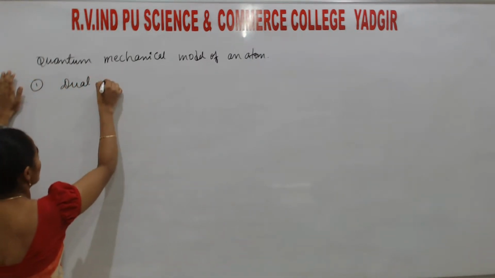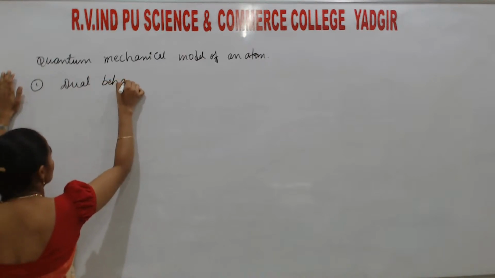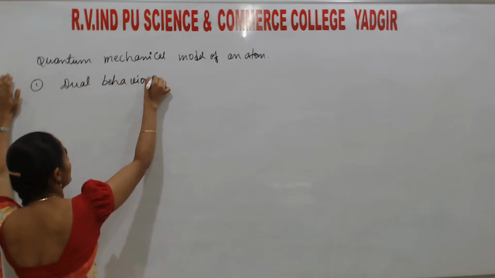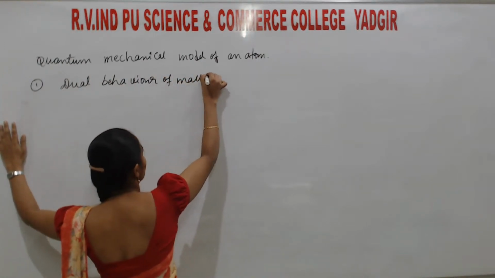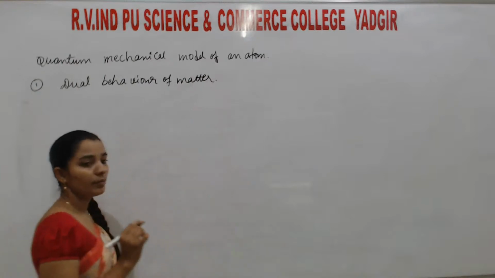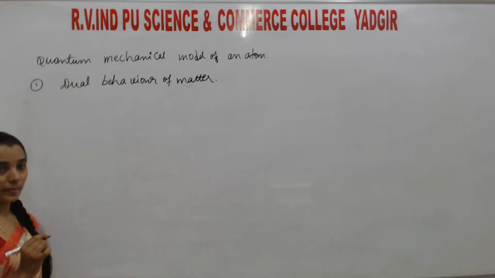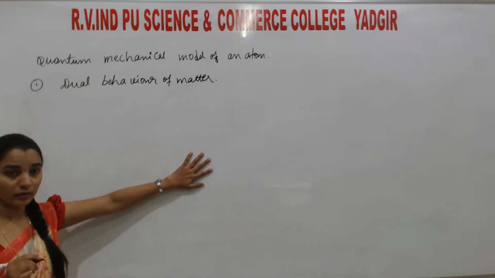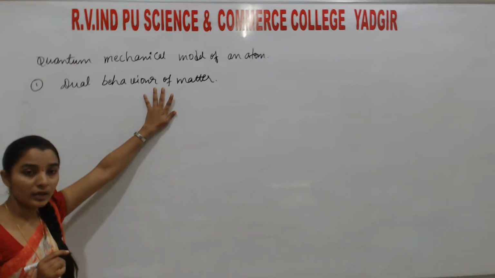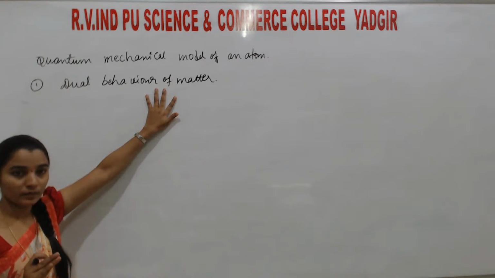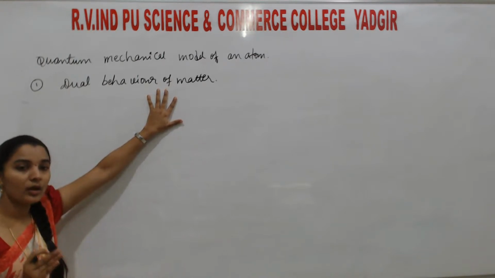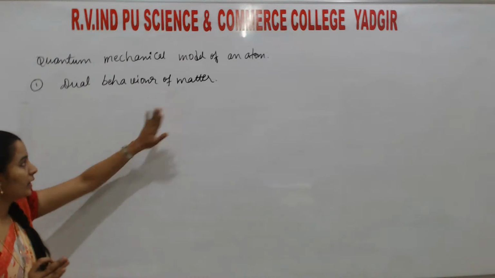of matter. Dual behavior of matter. As I told you, the nature of matter. So that is dual behavior. One is wave, another one is particle. That was initially explained by whom? Planck and Einstein. Okay, later on.